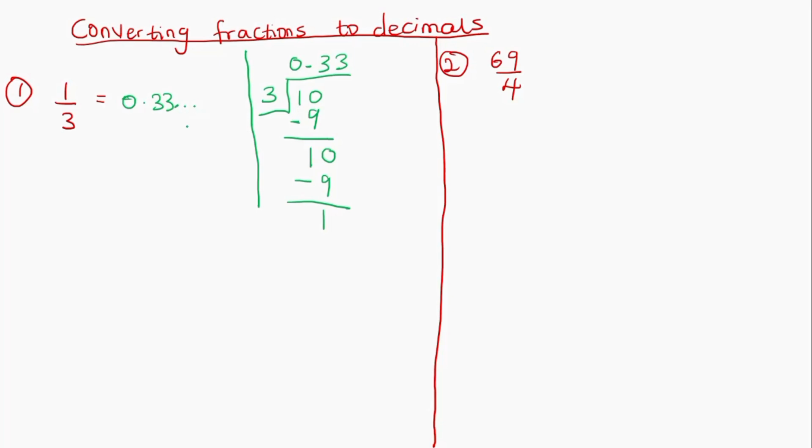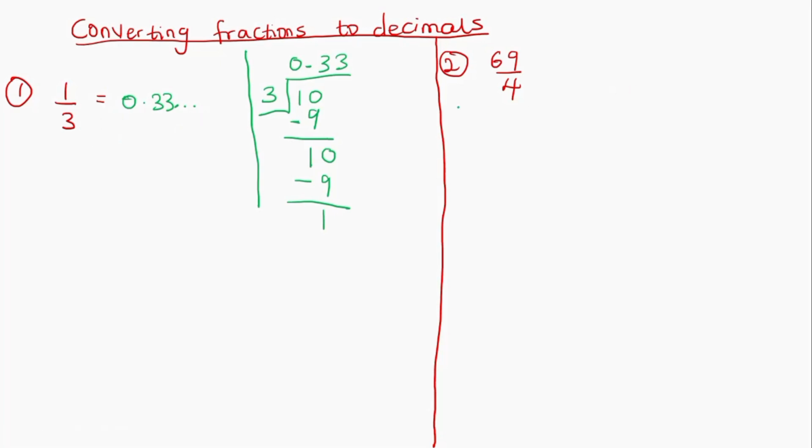These 3 dots signify that this type of decimal is a recurring decimal. Please do not put in more than 3 dots. In mathematics, every sign you use has a meaning. So when you are writing a recurring fraction, make sure you add in 3 dots at the very end in order to show that this type of fraction is a recurring decimal. Alright, so this is the answer to this particular question.